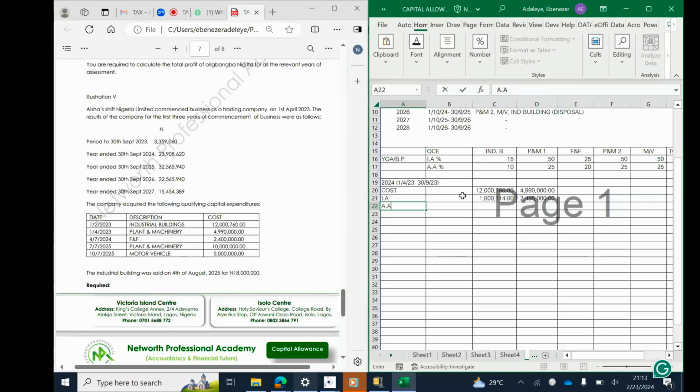But we have to ask ourselves: the tax year or year of assessment is 12 months. These particular assets, although they were acquired at the beginning of the company's commencement of business, were they used for 12 months? Someone should please answer that question. Were they used for 12 months?